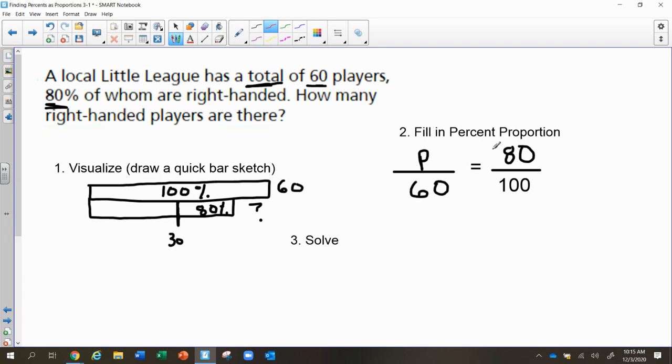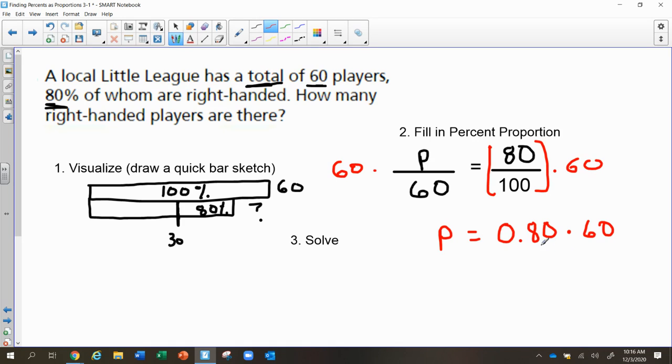Just like I did before, I convert this to my decimal. 0.80, 80 hundredths. I'm going to multiply each side of my equation by the whole, the 60. 60 divided by 60 is 1. So 1 times P is just P. So the number of players equals 0.80 times 60.